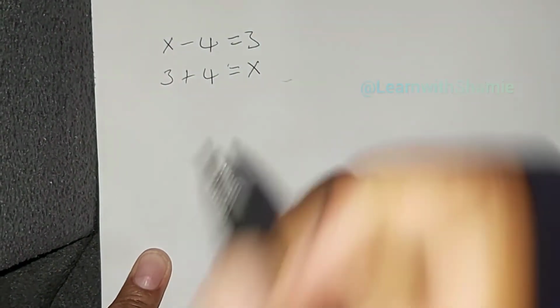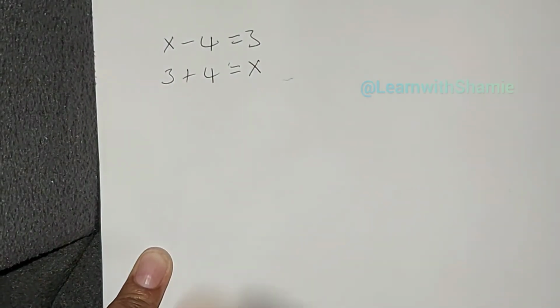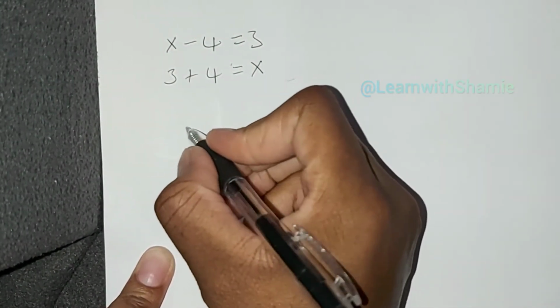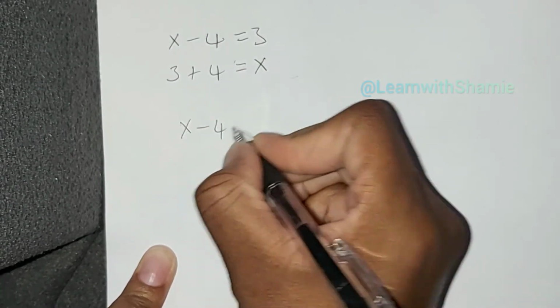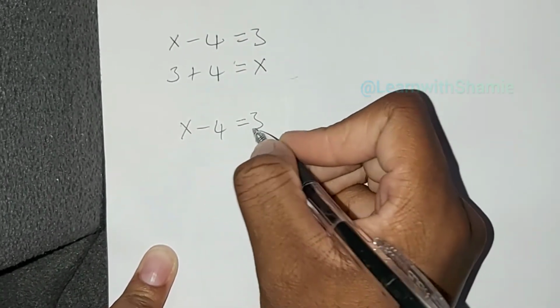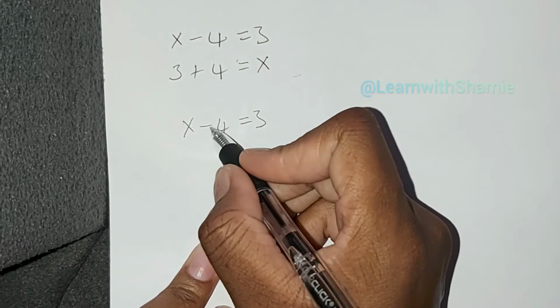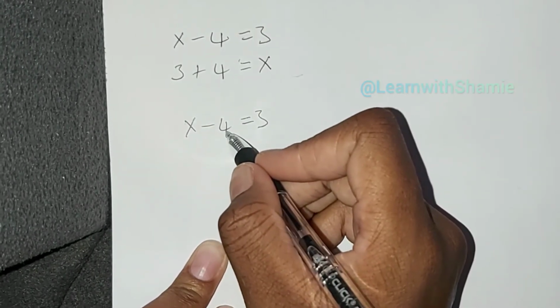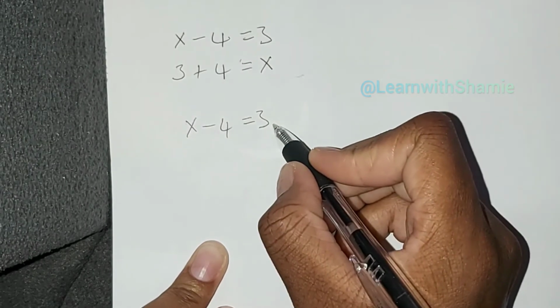Now, let me show you that x is the same value in both equations. So, x minus 4 is equal to 3. We're going to eliminate or remove this negative 4 from this side and add it to this side.